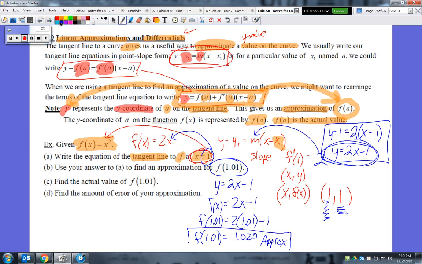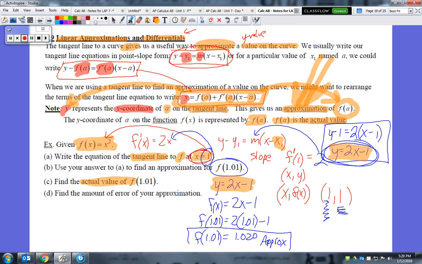Now part C says find the actual. It's basically saying don't use the approximation that you got from the tangent line from part A. Remember, that yields an approximation of a y value. It says use the actual value.